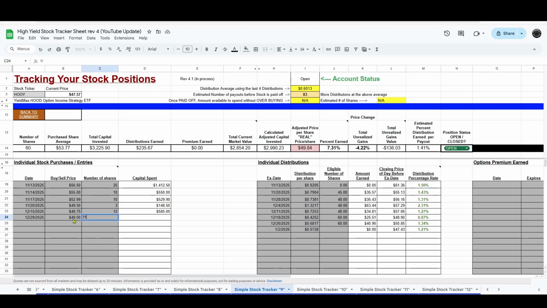But since I did have that order, it went through at 49. And since it is still under my real price per share, it will lower it. But since it's so close to that real price per share, it won't lower it by much. But it will go down. And that real price per share will drop from $49.84 down to $49.71. So it did go down, but not by much because it was so close to my real price per share.